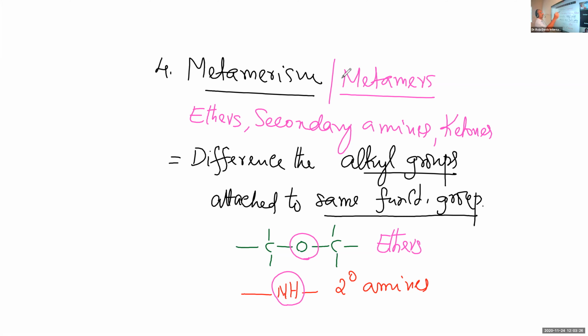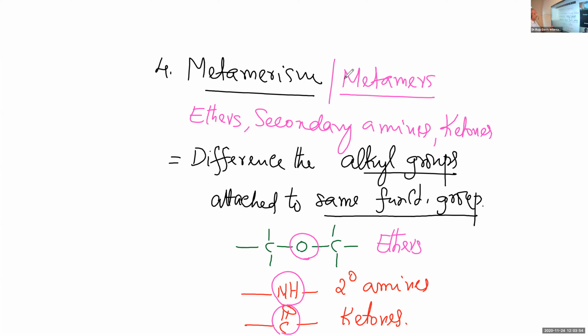And you take ketones. Ketones have the functional group C double bond O, and such compounds are called ketones. So here the functional group is a CO group, called the ketonic group or carbonyl group.